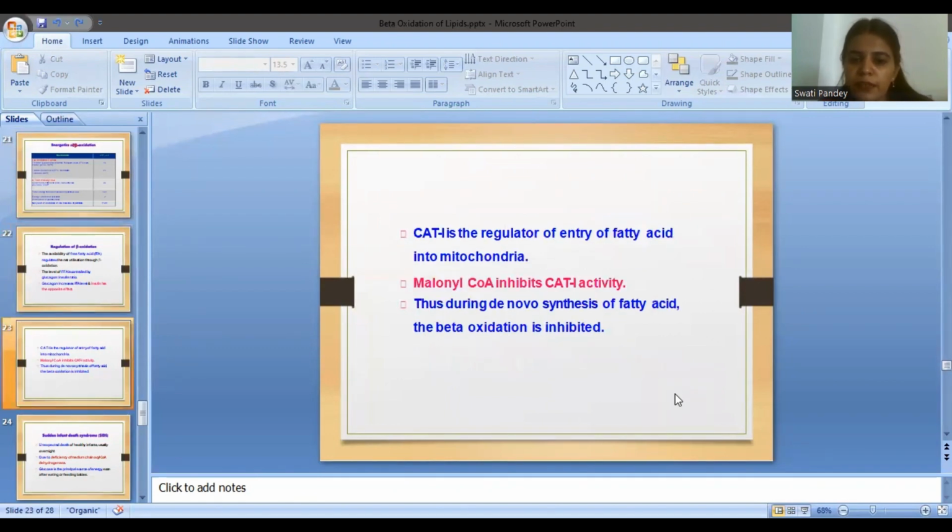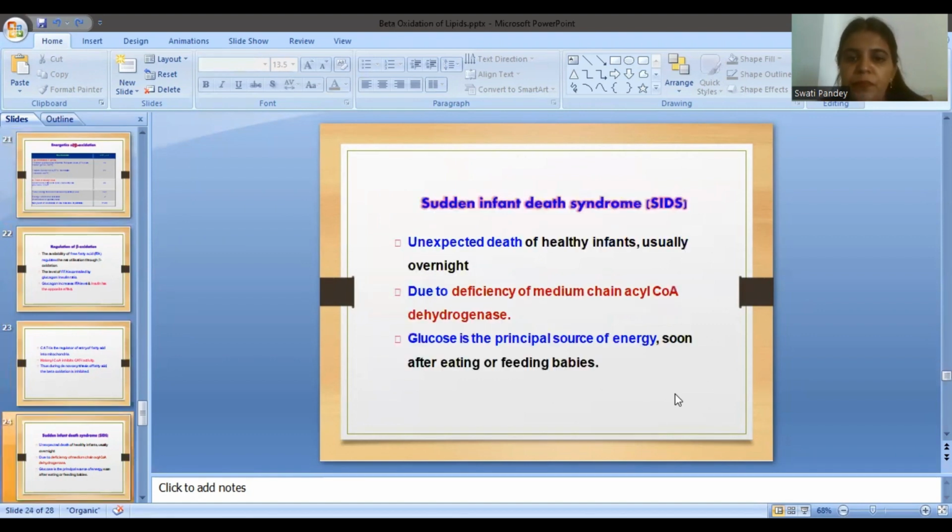The carnitine transporter 1 is the regulator for the entry of free fatty acid into the mitochondria. Similarly, malonyl coenzyme A inhibits the carnitine transporter 1 activity during the de novo synthesis of free fatty acids. The beta oxidation is inhibited.